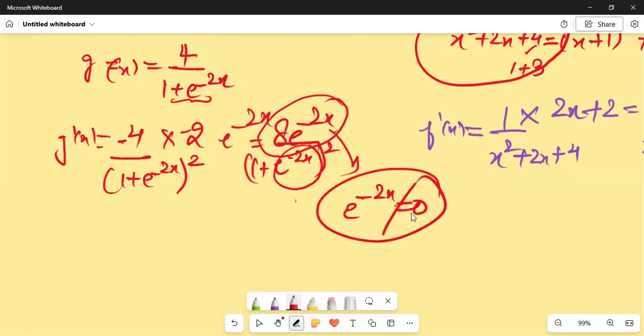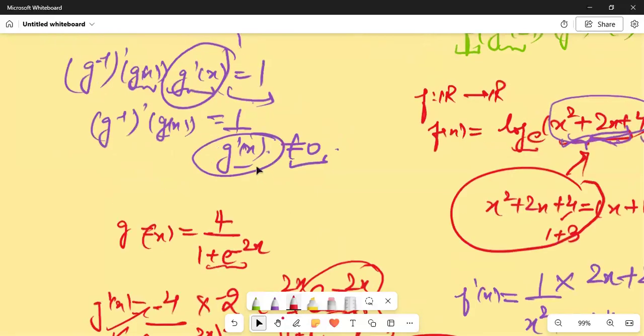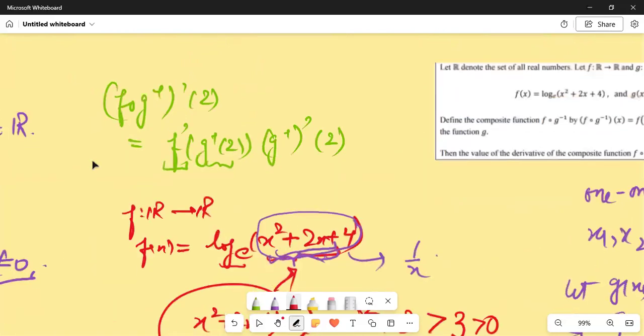This is never possible. Okay, so this is every time non-zero. So the g prime can be taken in the denominator for any value of x. And this is the reason the derivative of g inverse exists.